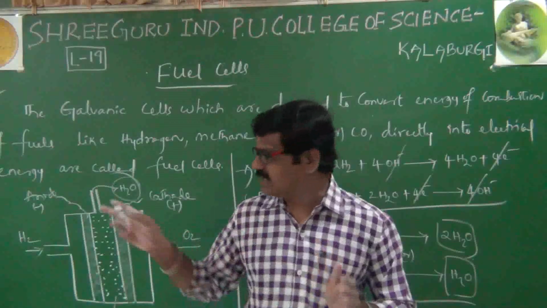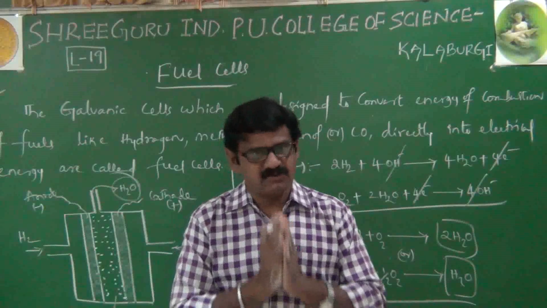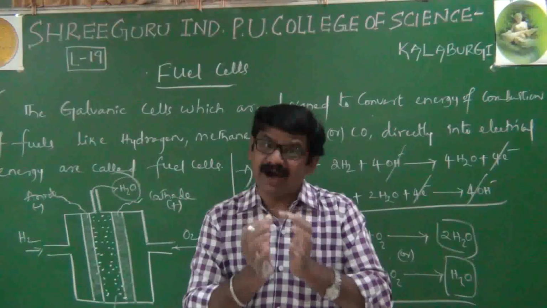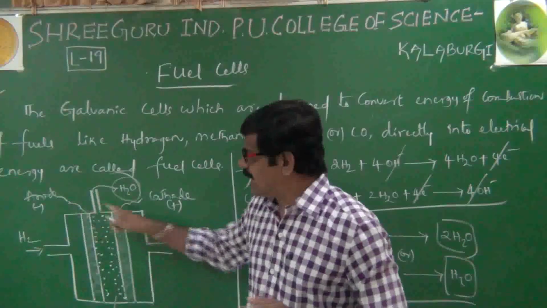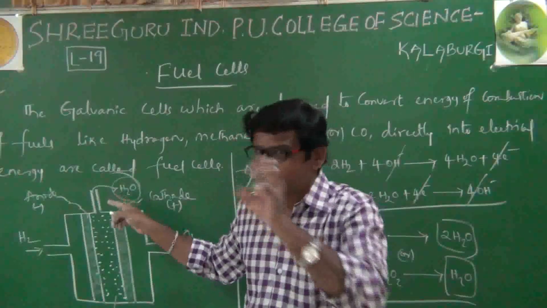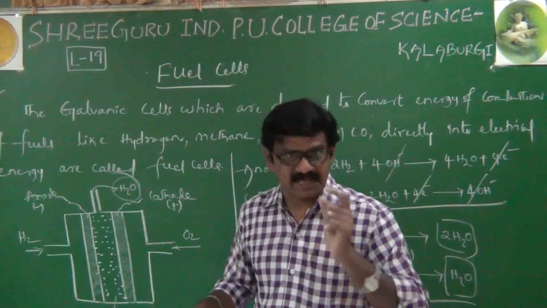In the Apollo space shuttle, they used this hydrogen oxygen fuel cell. Why? To produce current as well as to get water for drinking purposes for the astronauts. After completion of the process we get water vapors, and those water vapors are condensed and used for drinking by the astronauts.